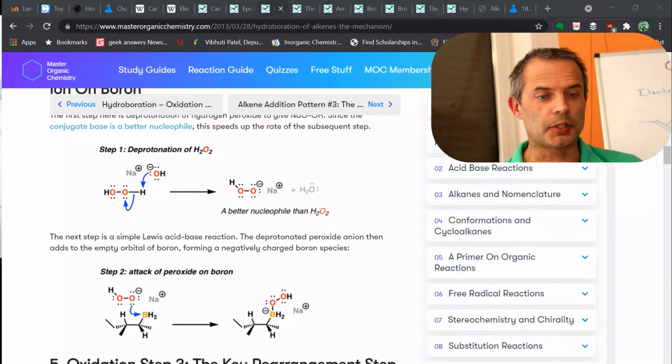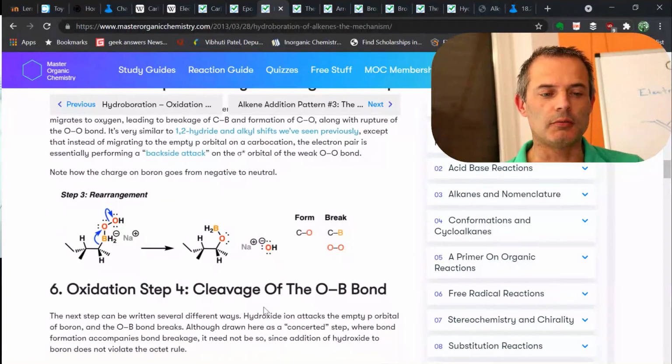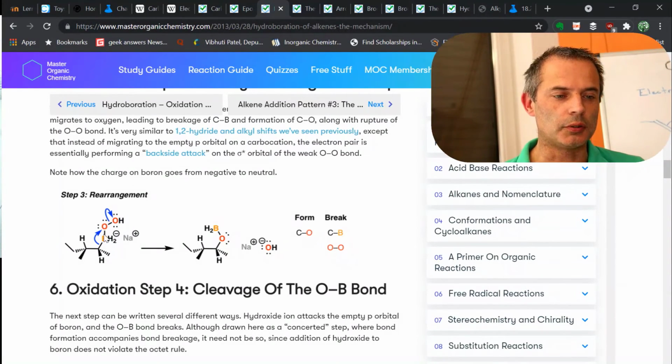And as they show, I totally messed that up. This is not an SN2 reaction at all. It's oxidation of the boron, and it involves transfer of this bond here down between the carbon and the boron to the oxygen. So if we look at this key rearrangement step, this is what happens. They've drawn the arrow the wrong way round, I see. So this bond goes out this way, because otherwise it would be doing the wrong thing.